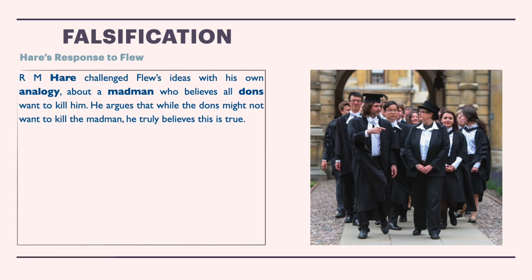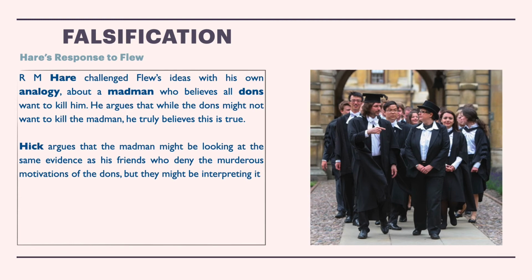He argues that whilst the dons might not want to kill the madman, the student who's gone insane, he truly believes this to be true, no matter what his friends tell him, no matter how many people show him that these dons are not out to kill him. In fact, if anything, it strengthens the madman's beliefs further into greater conspiracy theories that the dons truly are trying to kill him.